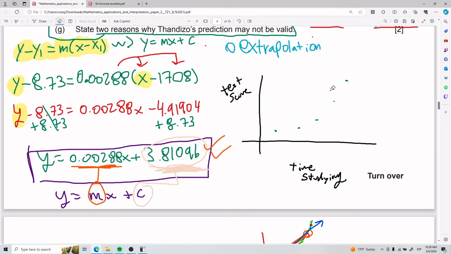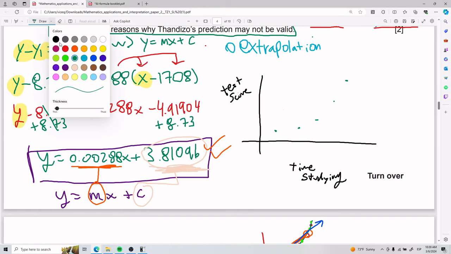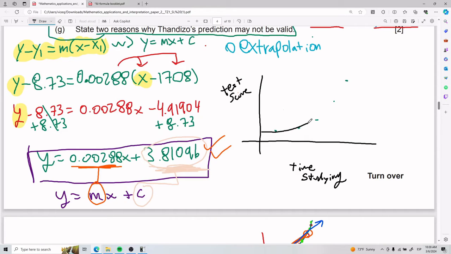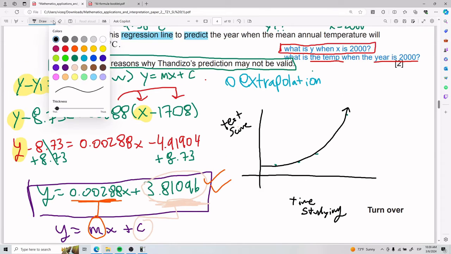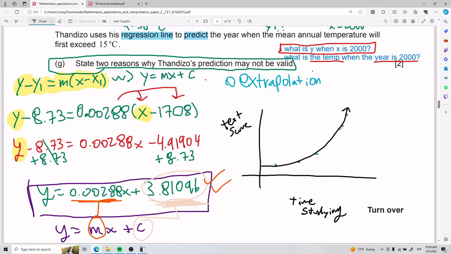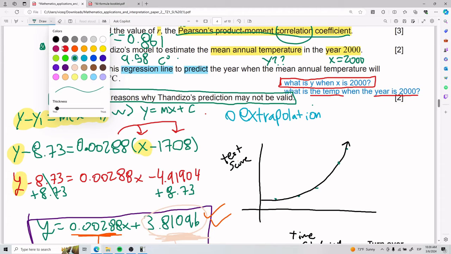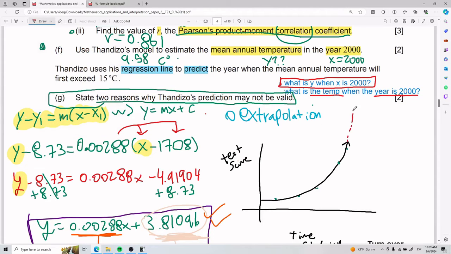Something like that. Like the more you study, the better it's gonna go for you. So probably something like this. If you use extrapolation here, you would conclude like, oh, eventually I'm gonna score 1,000%.